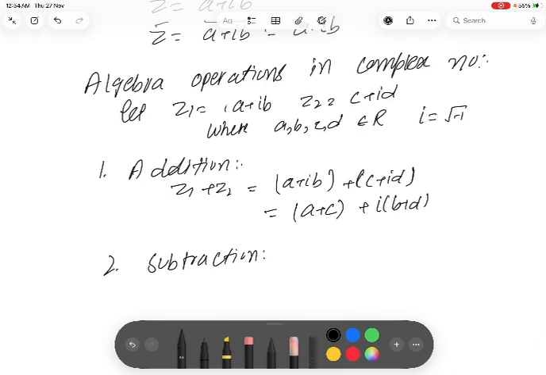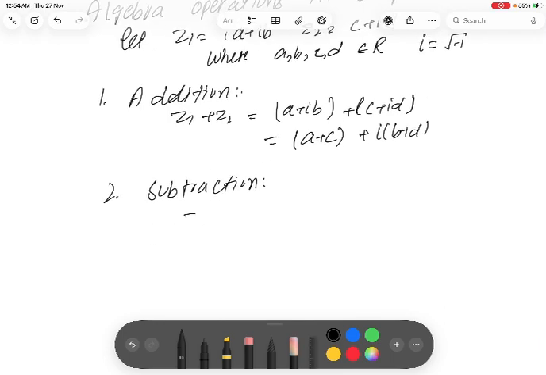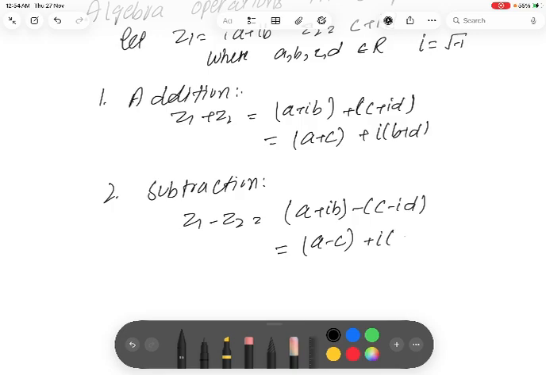In this case, z1 minus z2 is equal to a plus iota b minus c minus iota d. Similarly, here we subtract real with real and imaginary with imaginary, that is a minus c plus iota times b minus d.